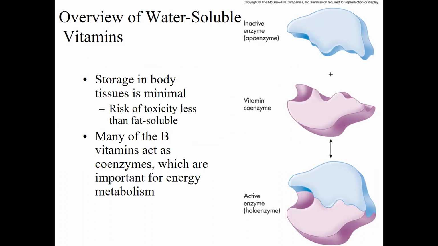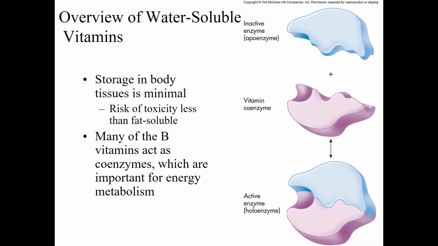And if you remember back to maybe sports nutrition, or if you had the energy metabolism lecture, coenzymes for energy metabolism are really important for the body to make ATP, which is the energy source for the human body. So think about what a coenzyme is. This would be an inactive enzyme, one that isn't able to perform its function at all, or at least not very effectively. This would be a vitamin coenzyme, so one of the B vitamins.